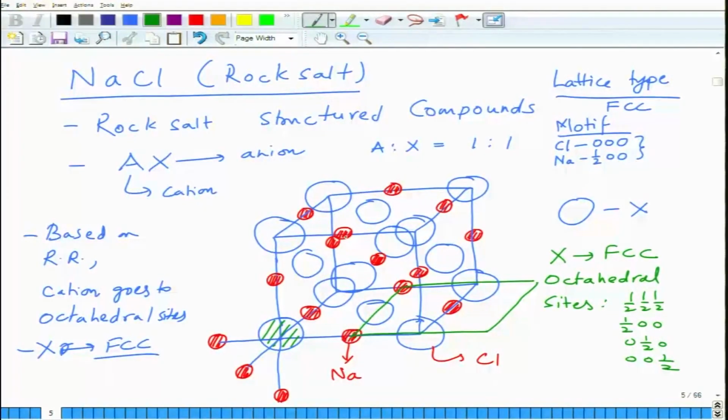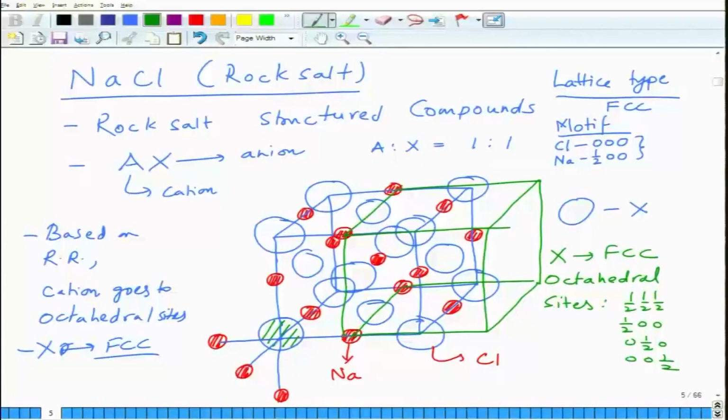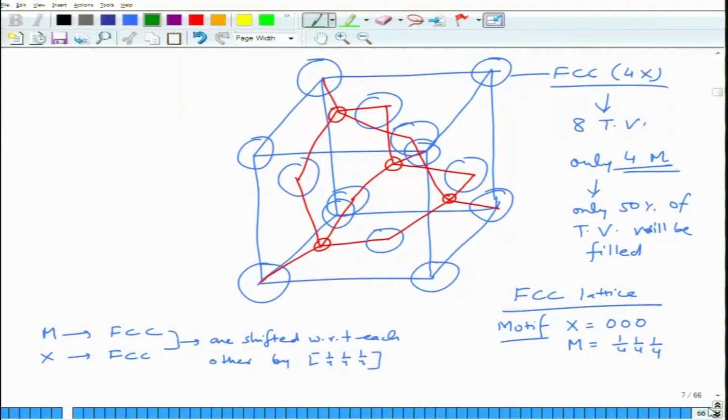All right. I can put the edge. As far as representation is concerned, this is also a valid unit cell. Right. So, they are just shifted by half 0 0 vector. So, in this case it is two interpenetrating FCC lattices shifted by vector half 0 0. In this case, two interpenetrating FCC lattices shifted by vector 1/4, 1/4, 1/4.